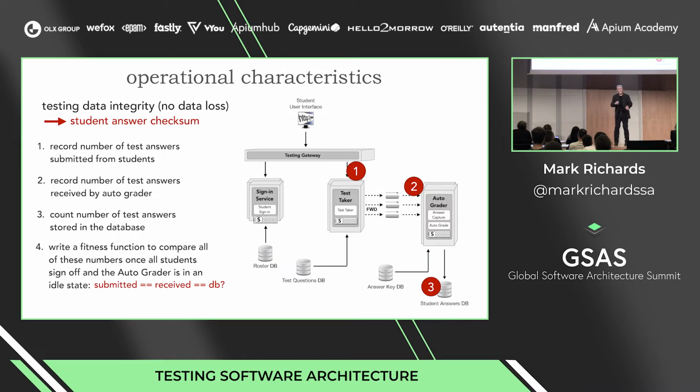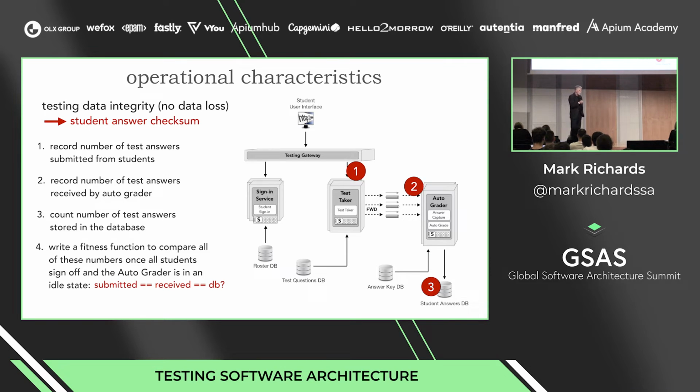The first event, all the students have signed off for the day. Event number two is that the autograder is now idle. I've dequeued everything, I've graded all the answers, and I've stored everything in the database. Both those services know when that happens. And so thinking about these fitness functions early on, these will be user stories.